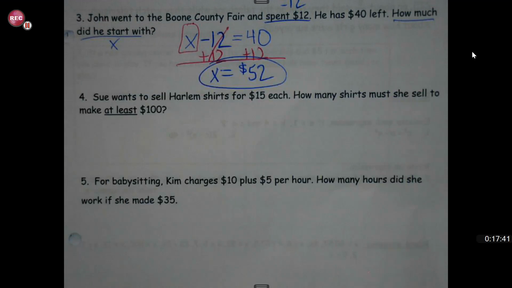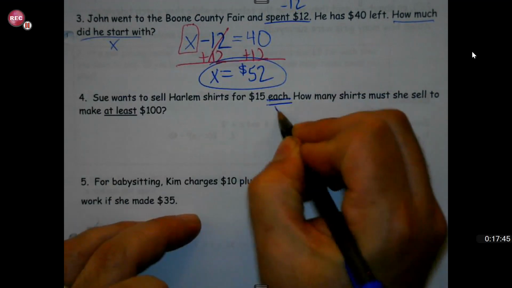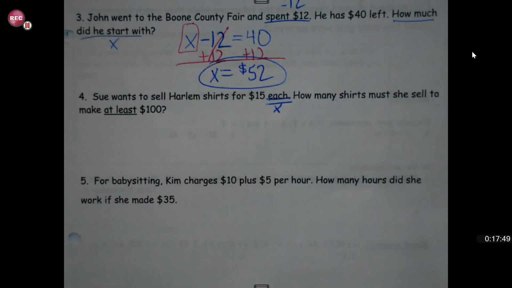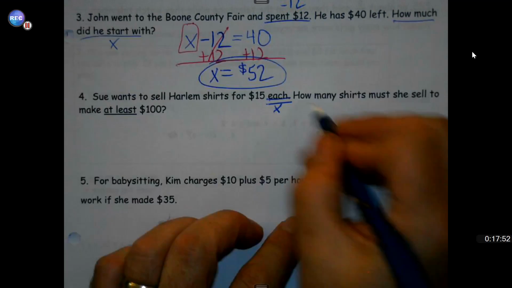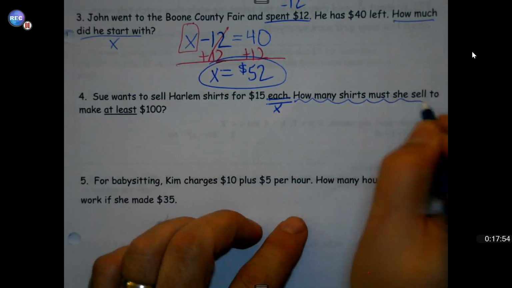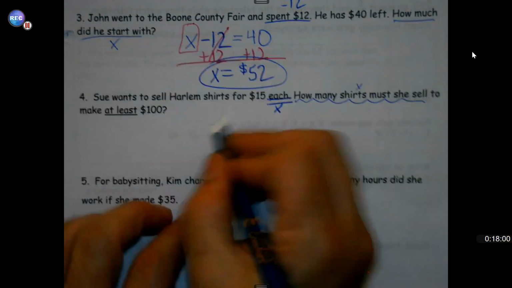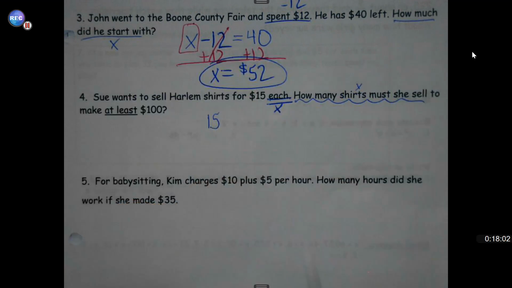So, number 4. Sue wants to sell Harlem shirts for $15 each. How many shirts must she sell to make at least $100? Again, we got shirts that are $15.